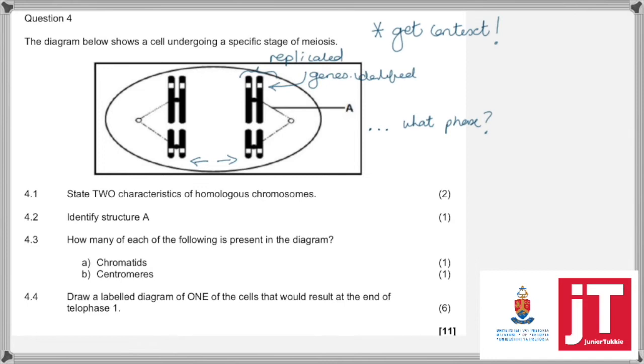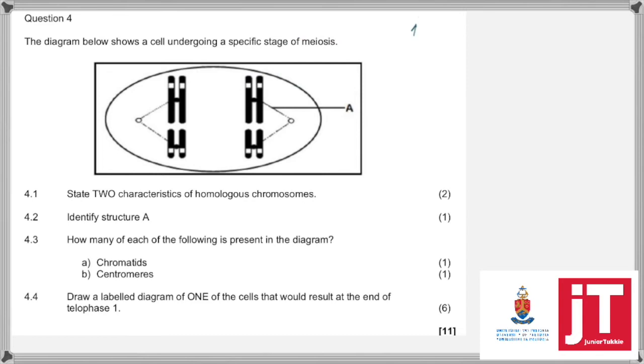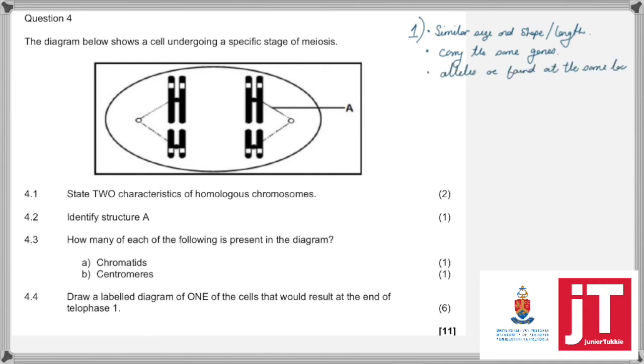They have the same size and shape, but also the fact that they carry the same genes. These homologous chromosomes carry the same genes at the same distance from the centromere. We refer to this distance from the centromere as the loci. So they have these alleles at the same loci on each of the chromosomes. The centromere position is also the same.